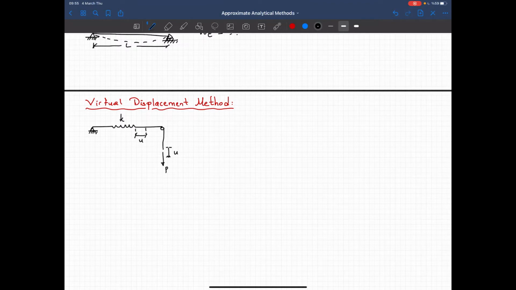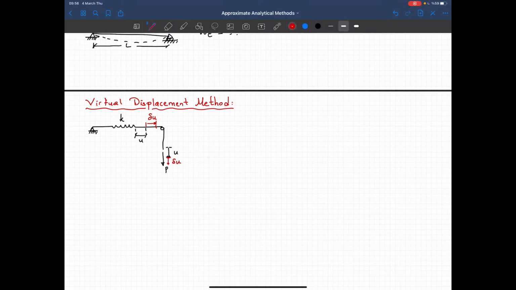So what I'm going to do is I will apply a virtual displacement. The rule for applying the virtual displacement is it has to satisfy the boundary conditions. So I apply a virtual displacement like that, and the same displacement here. So the rule here is, of course, in that specific structure, whatever I have here, I should have the same displacement at the end, because that satisfies the geometric boundary condition.